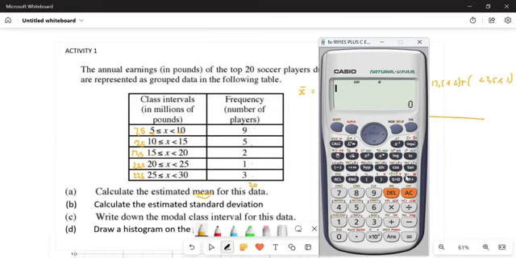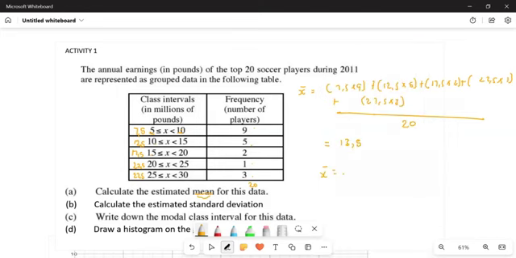And then from there, you store your data. Then you say shift and press 1. If you want access to the mean, you press option number 4 and then 2, and then equals. It says our mean is 13.15. They will give us 2 marks for that.